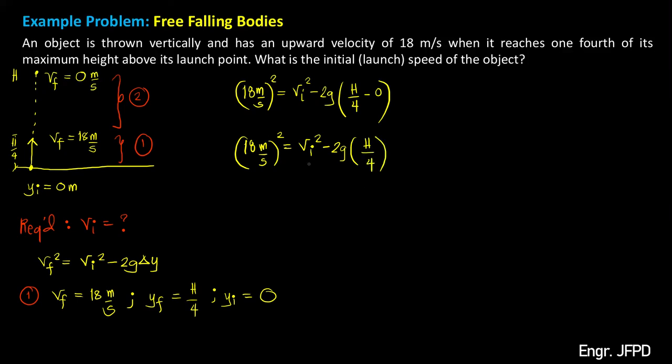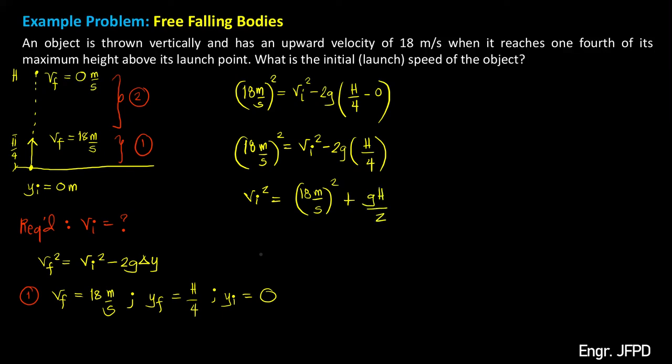Then, solving for the Vi, we get Vi squared is equal to 18 meters per second squared, transposing this negative 2g h over 4 to the other side of the equation, that is a plus 2 over 4, which is 1 half, so it becomes gh over 2.